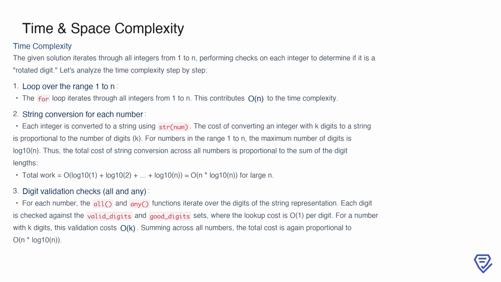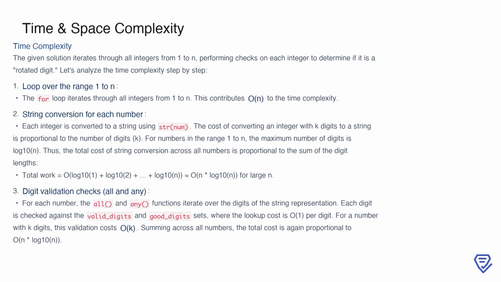The cost of converting a number with k digits to a string is proportional to k, or the number of digits. For numbers in the range from 1 to n, the maximum number of digits is log10 n. Therefore, summing up the cost of string conversion for all numbers from 1 to n results in a total complexity of approximately n * log10 n, which accounts for the cumulative number of digits across the range.